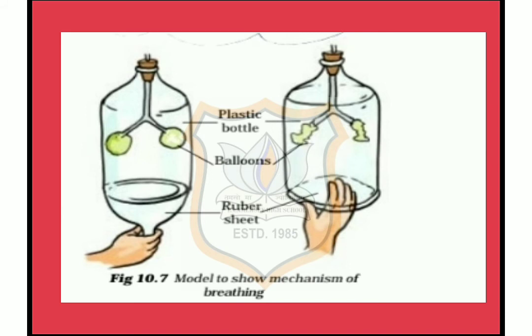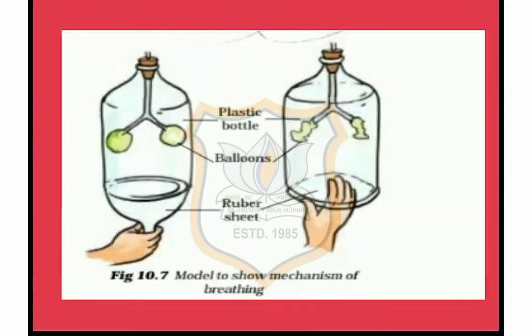And when the rubber sheet is pushed up, air moves out from the balloons and the balloons again come to their original condition. We conclude that in this model, the plastic bottle represents the chest cavity, balloons represent lungs, the rubber sheet represents the diaphragm, and the Y-shaped tube represents the windpipe.